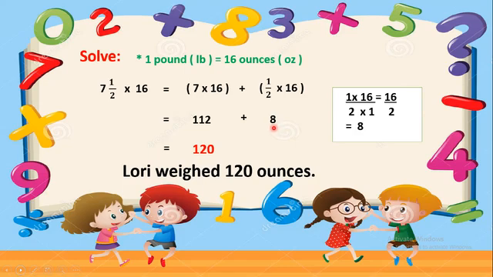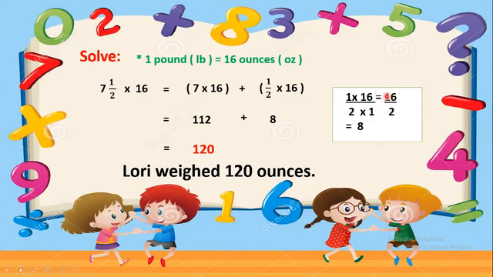Okay, so how did we get 8? So look at here, 1/2 times 16. So 1 times 16 equals 16 over 2. A whole number, it's understood that it has a denominator of 1. So 2 times 1 equals 2.